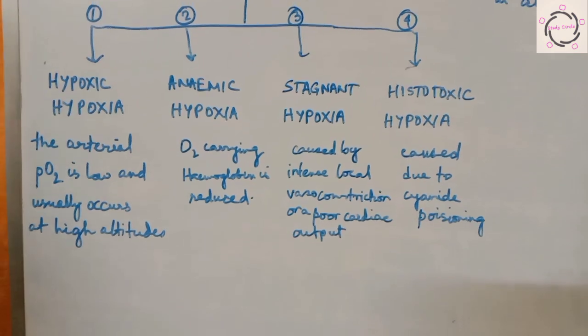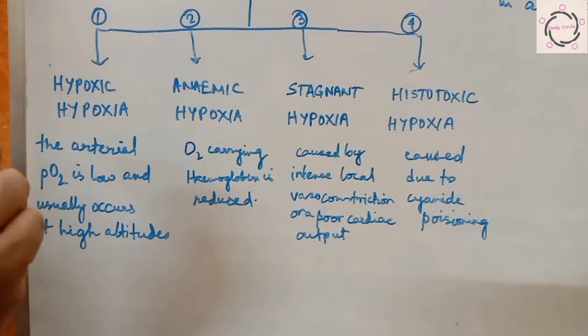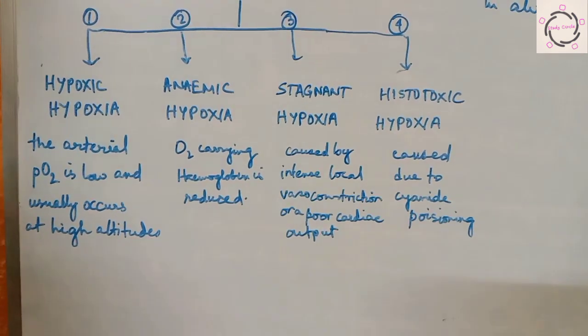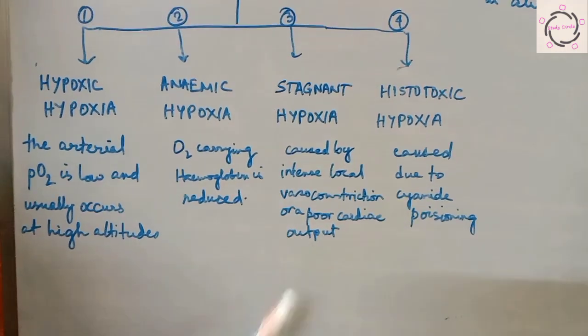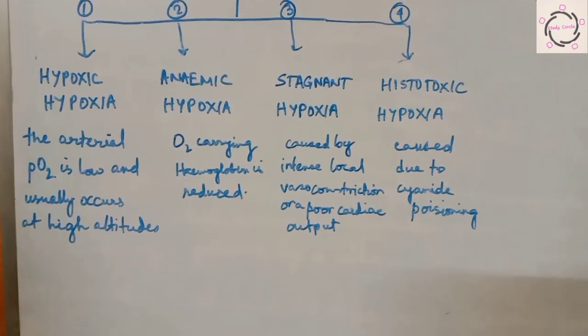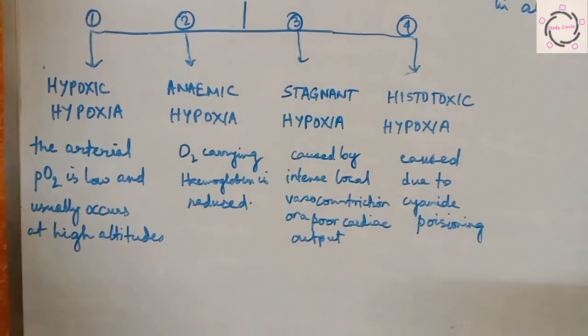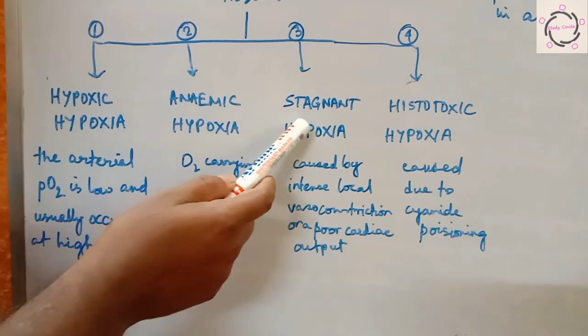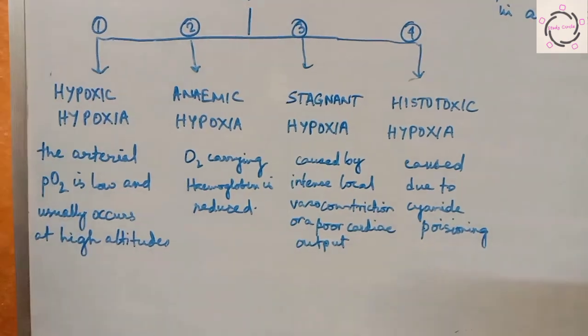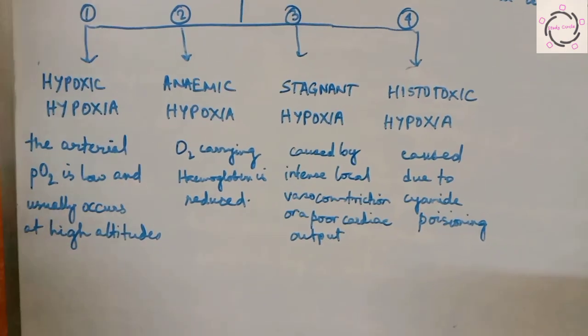Vasoconstriction means the vascular tissues, like arteries or veins, are being constricted, or a poor cardiac output. Poor cardiac output means output out of the heart. If any abnormality occurs, then stagnant hypoxia, that is, breathing problems.